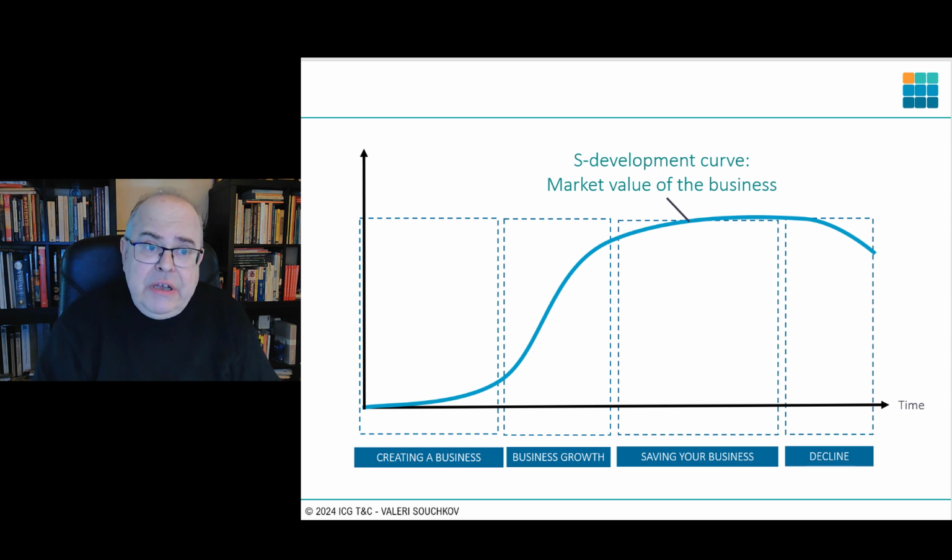The first stage of evolution is the birth of a system. The second stage is business growth. Finally, business growth has limits. It is limited by, for instance, market size. It's limited by competent people who can participate in the company.